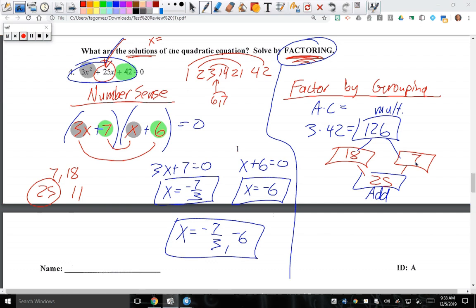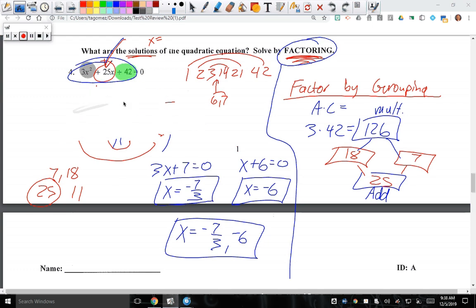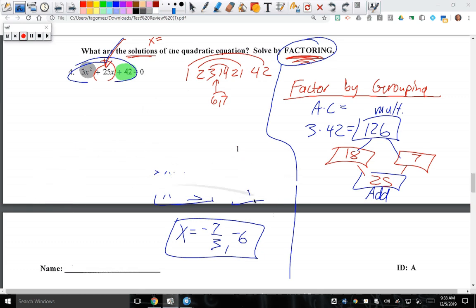Okay? So now with this, I need to make sure that I have a certain, well, let me show you visually over here. So I'm erasing because I'm out of room. But what we're doing with factoring by grouping is we're making this center term into two terms. We broke up 25 to show 18 and 7.